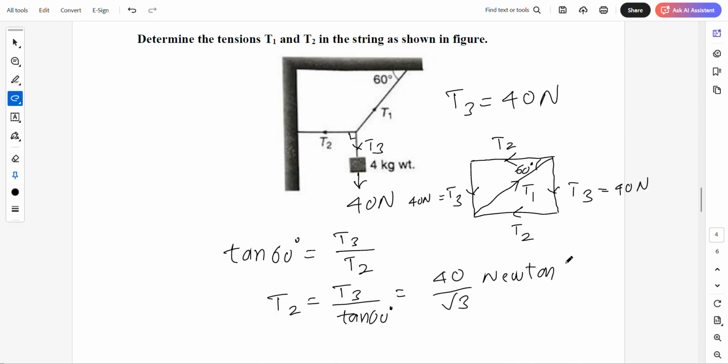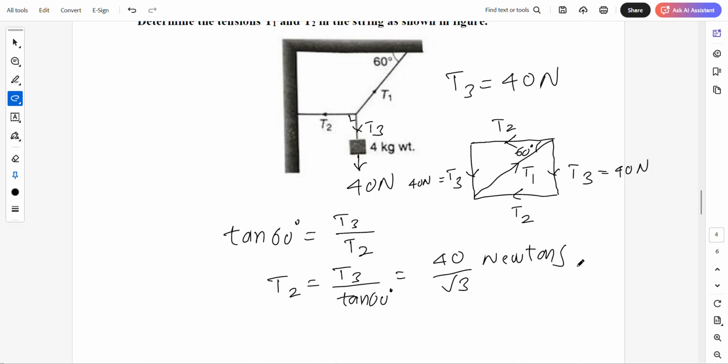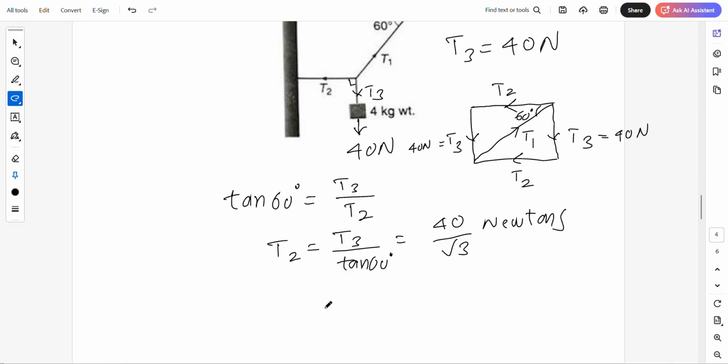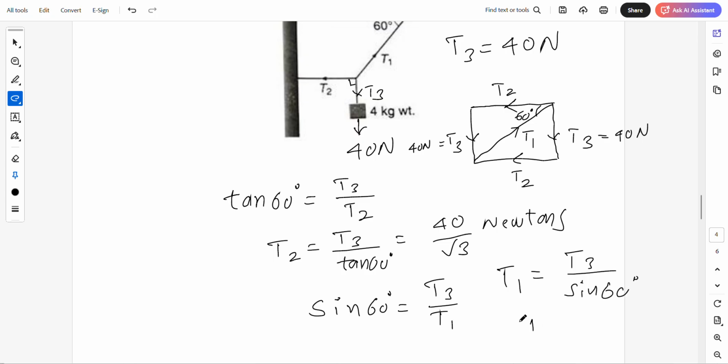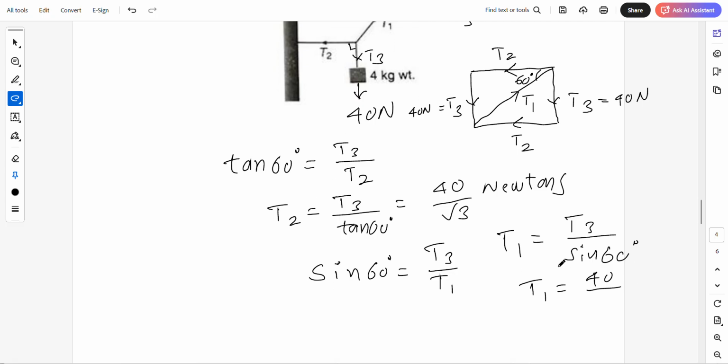Now let us calculate T1. How to calculate T1? Either use sin 60 or cos. Sin 60 I use. Sin 60 is equal to opposite, that is perpendicular, by hypotenuse, T3 by T1. From here you can calculate T1. T1 is equal to T3 by sin of 60 degree. T3 is 40, divided by sin 60, which is root 3 by 2.